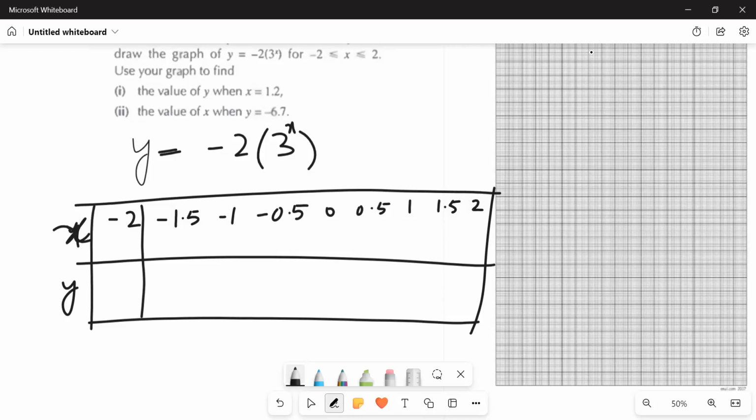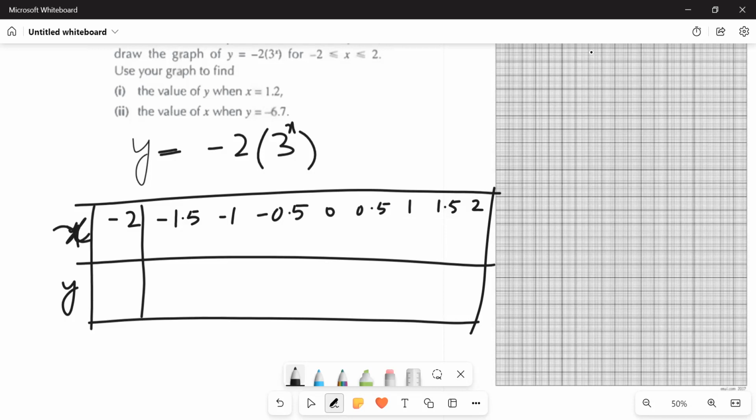So the function is -2 open bracket, 3, and alpha power, it is -2 bracket 3, then x bracket close. Now start from -2 and end at 2, and the difference is 0.5.